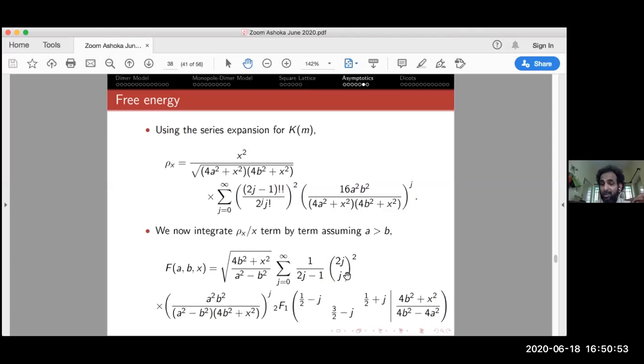So I would like to know from you guys if one can hope for an analytic, or at least some expression involving special functions, of this free energy, and that would be really nice. As of now, I don't have anything. This is the best I have, but it's clearly not very nice.